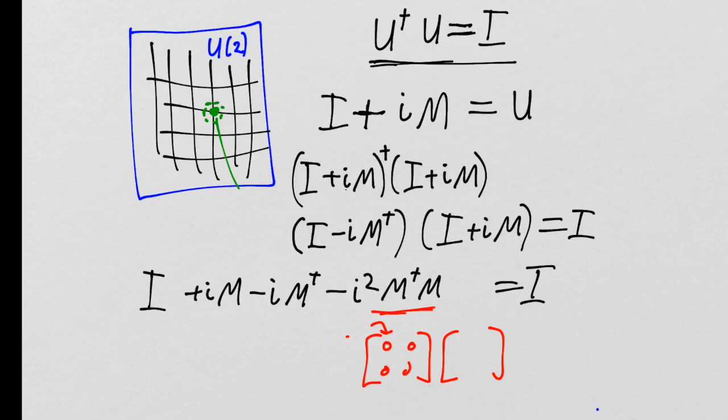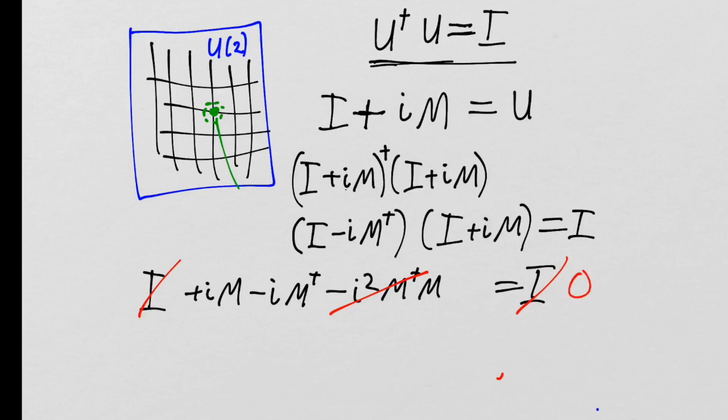So we do that. We ignore all of these, and so I'll draw a line through it. The I's cancel. And we divide by I. So this becomes 0. And we get the final result that M minus M adjoint equals 0.